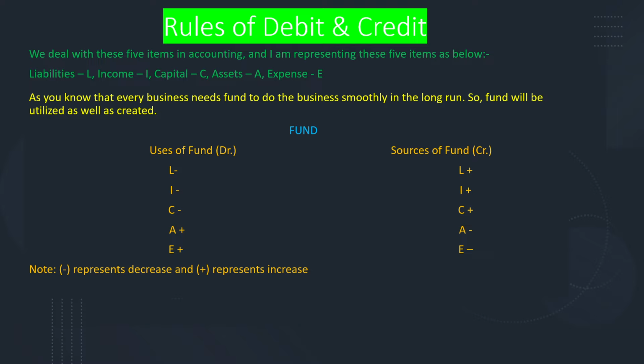Here, I have represented these terms with abbreviations: liabilities as L, income as I, capital as C, assets as A, and expenses as E. You will find out why I have written them in this order, liabilities, income, capital, assets, and expenses. You will come to know very soon.